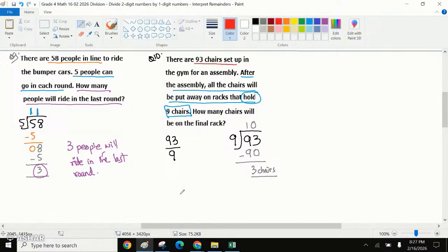So we can say how many chairs will be on the final rack? There will be 3 chairs on the final rack. Agreed? Perfect.